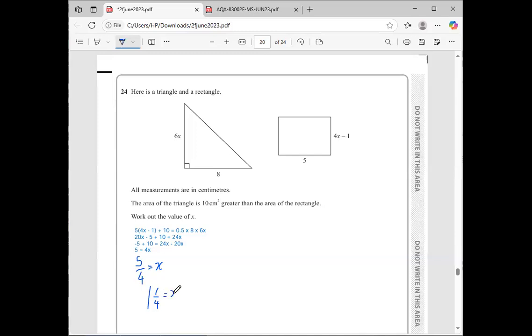So we're going to say x is finally equal to 1.25. Now, I want to ask a question. Do you know how I got the 0.25?